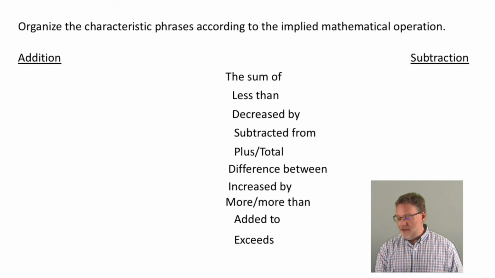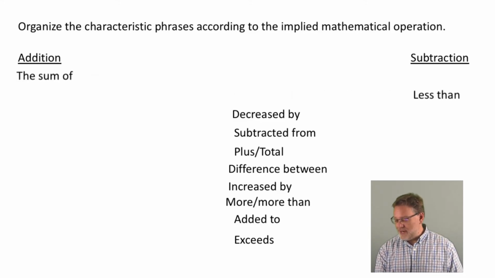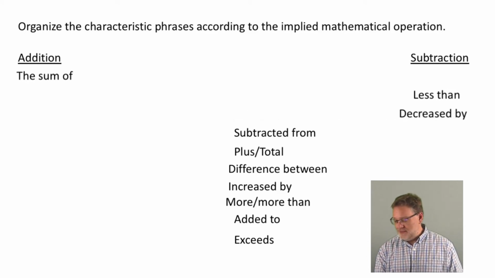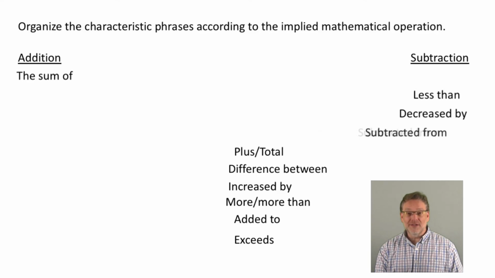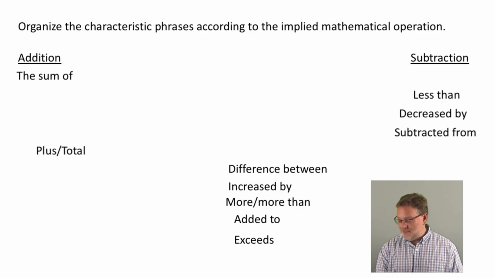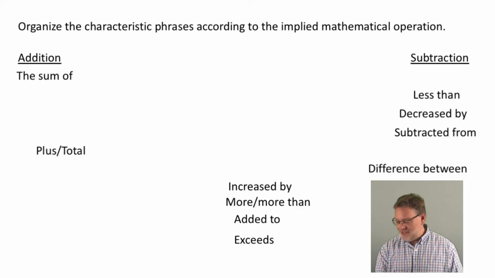The sum of, well, that's addition. Less than, that's subtraction. Decreased by, that's also subtraction. Subtracted from, that's also subtraction. Total or plus, obviously addition. Difference between, that's subtraction. Increased by, that obviously indicates addition.